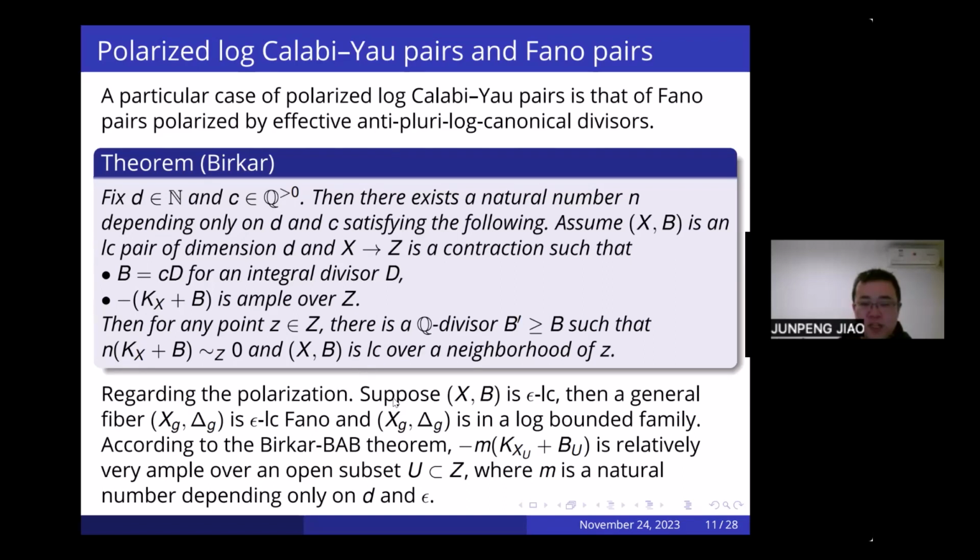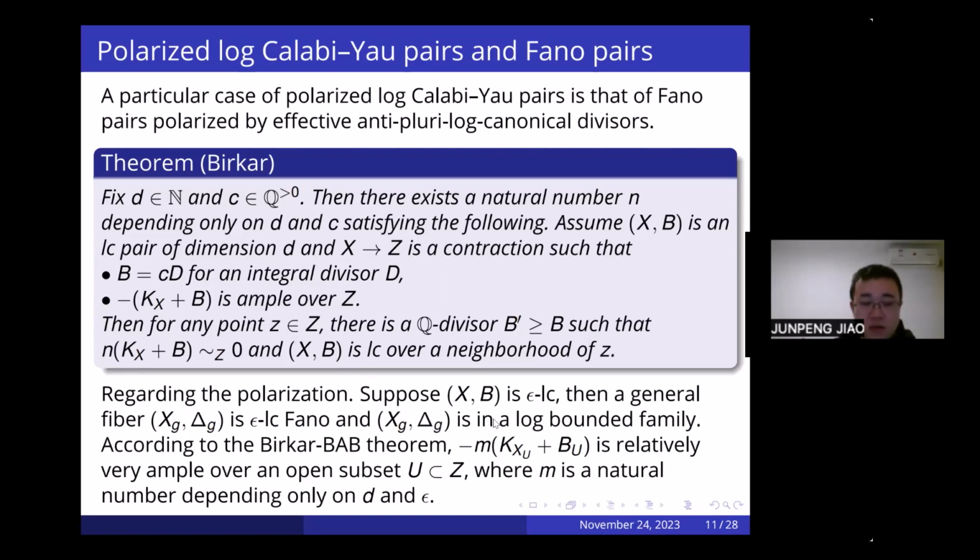And for the polarization, suppose with the same notation as in this theorem, suppose (X, B) is epsilon-LC, then a general fiber is epsilon log canonical. It's epsilon-LC Fano. Epsilon-LC means the discrepancy is greater or equal to -1 plus epsilon.